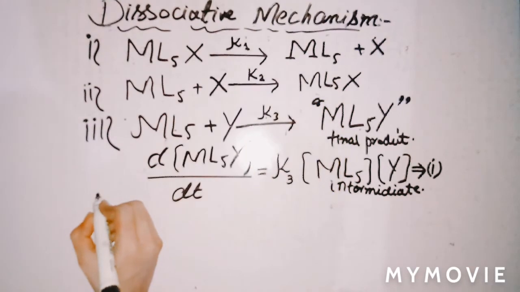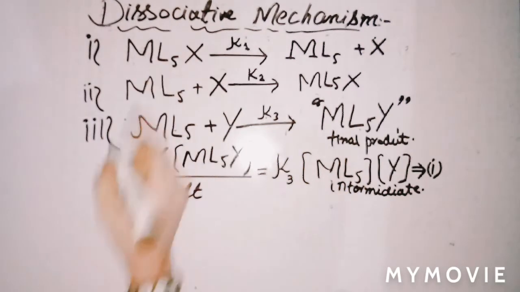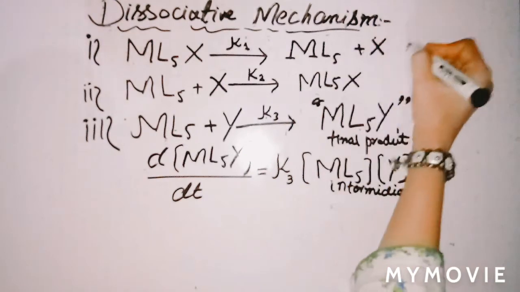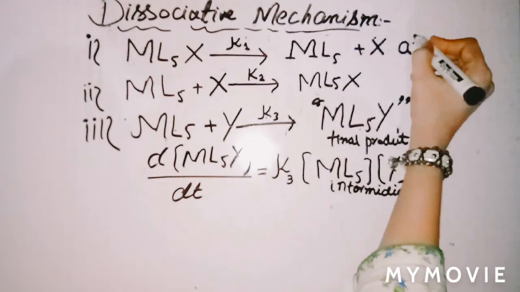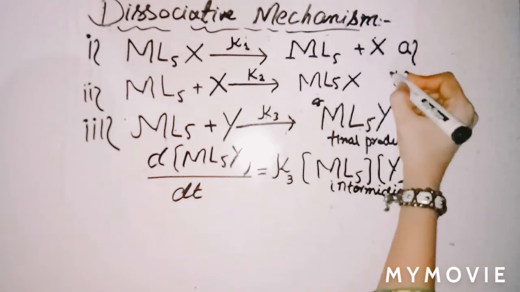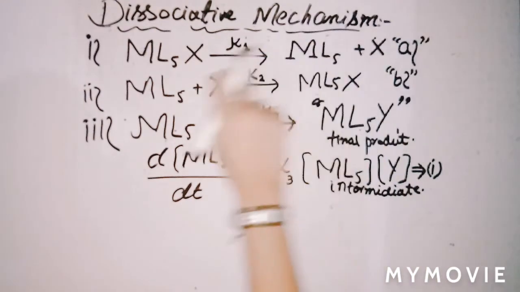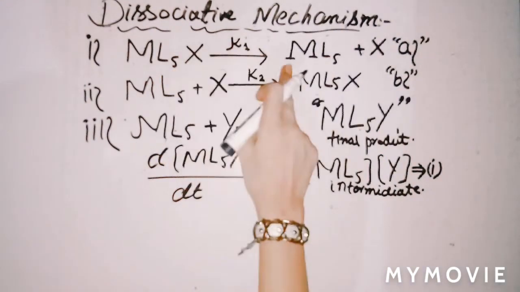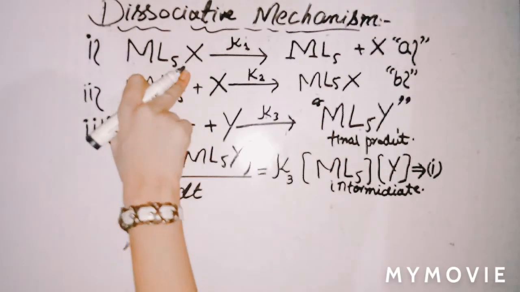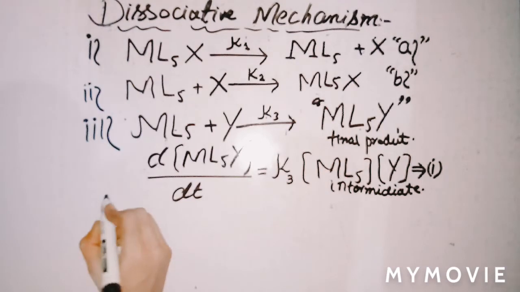In equation A the intermediate is formed, and in equations B and C the intermediate is decomposed. So by using equation A we can find the rate of formation of the intermediate. The rate of formation depends upon the concentration of the octahedral complex.